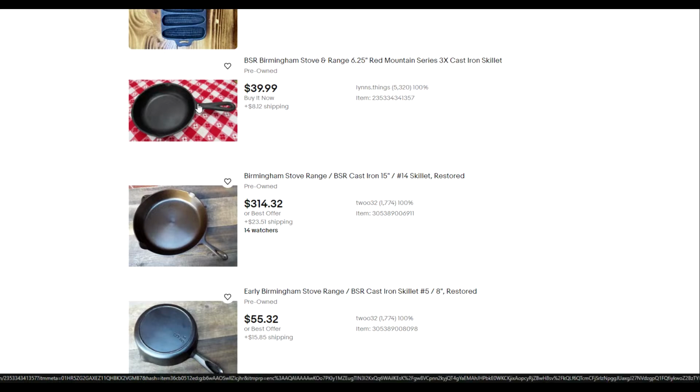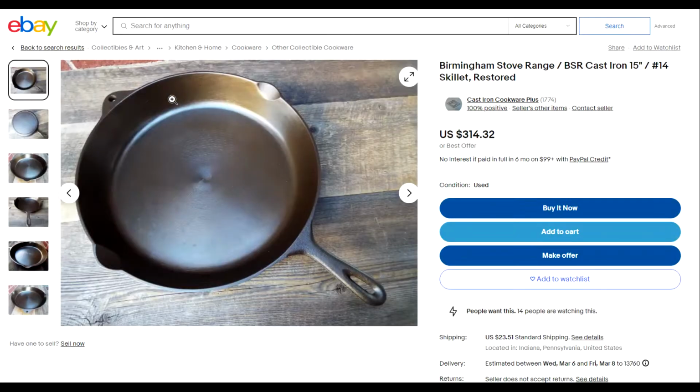Well, this is interesting. BSNR number 14 with what looks like a polished, smooth surface here. Nice quality, I'll say that. However, this price is not to be believed. Oh, man. Yeah, no, I am sorry, but I am not going to click on the buy it now, not at that price.